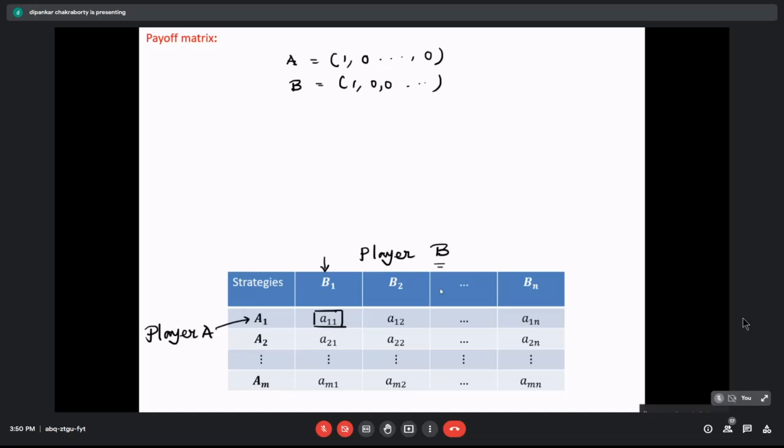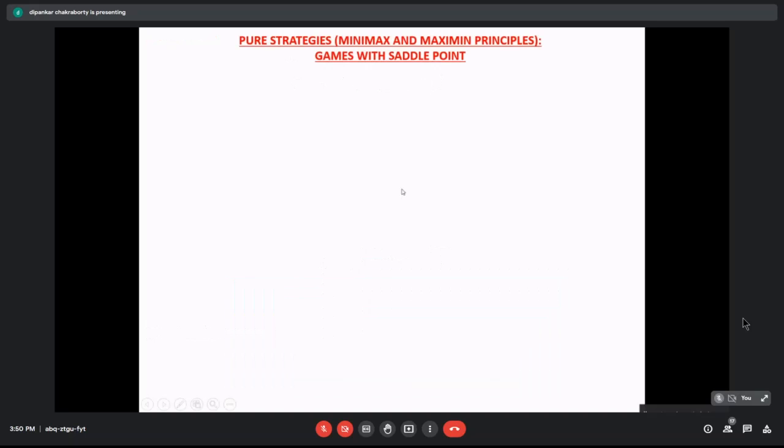To understand this, the first theory we are going to discuss is pure strategies, games where pure strategies exist. The principles adopted to find this are called the minimax and maximin principles. Here I have written that it is games with a saddle point.